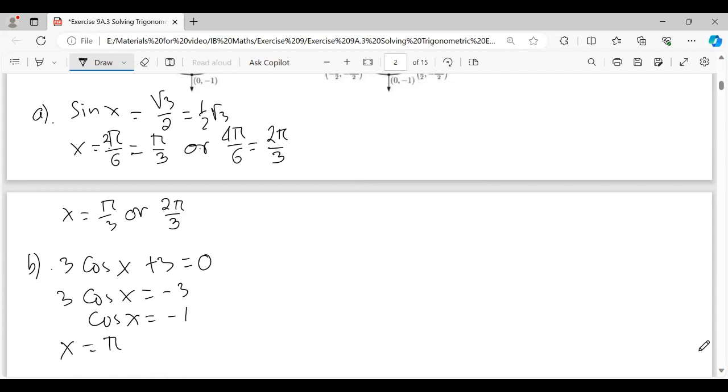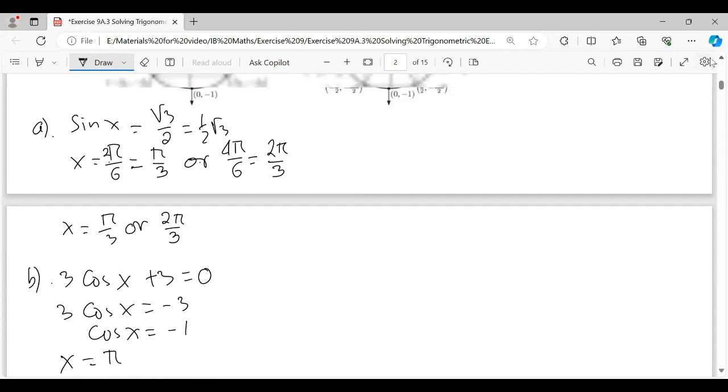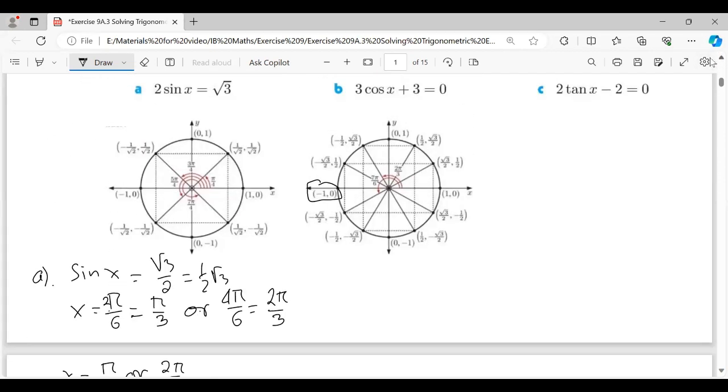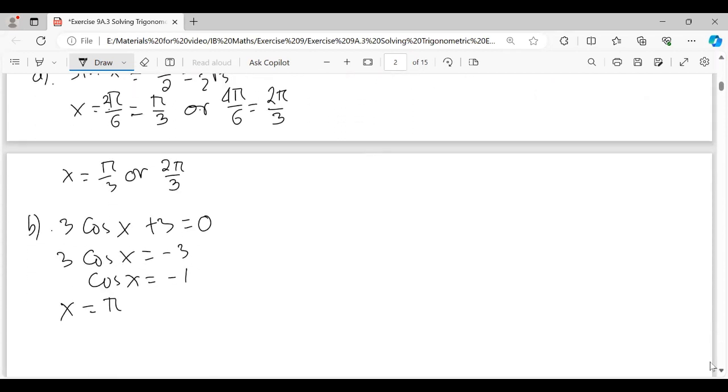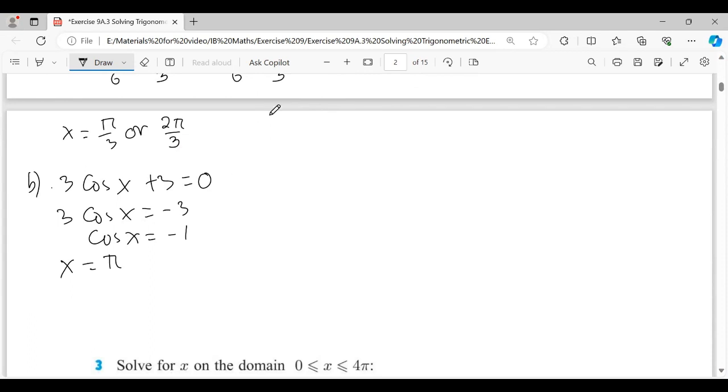Next, C. 2 tangent x minus 2 equals 0. So 2 tangent x equals 2, so tangent x equals 1.